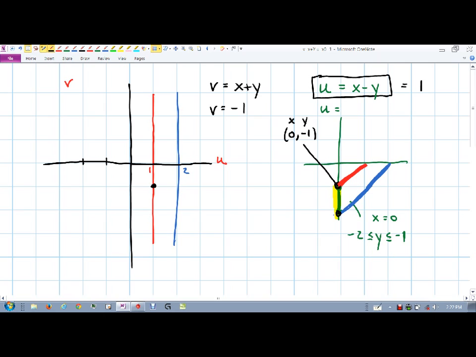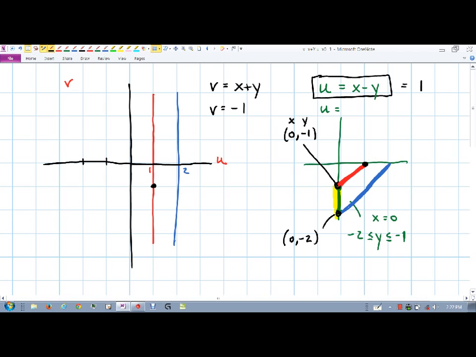Where does this point go? That's the point 0, -2. What's U? 2. What's 2, -2?